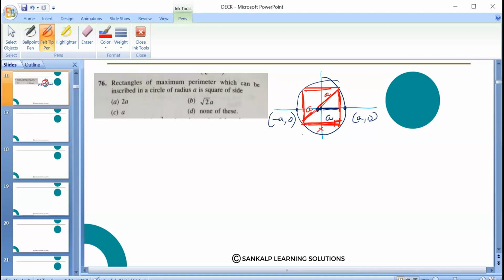We'll take length x, width y. So one relation we have is x square plus y square equal to 2a whole square, that is 4a square. Now perimeter of the rectangle is 2x plus 2y, which has to be maximum.